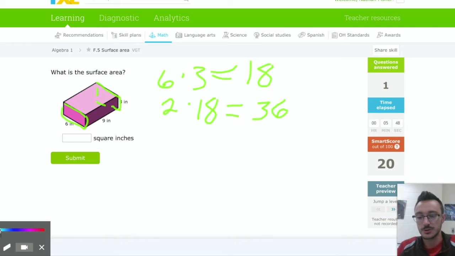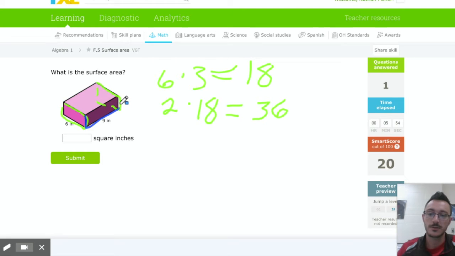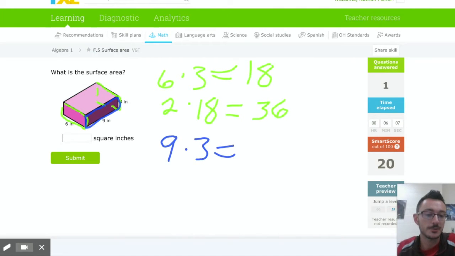Now, let's change colors again. Let's look at this front face, and there's another one on the other side back here as well. Looks like this one is 9 by 3. So if I do 9 times 3, I'm going to get 27. And there's 2 of those as well.